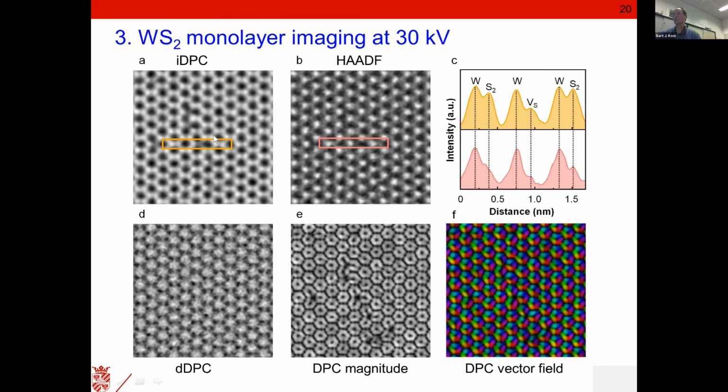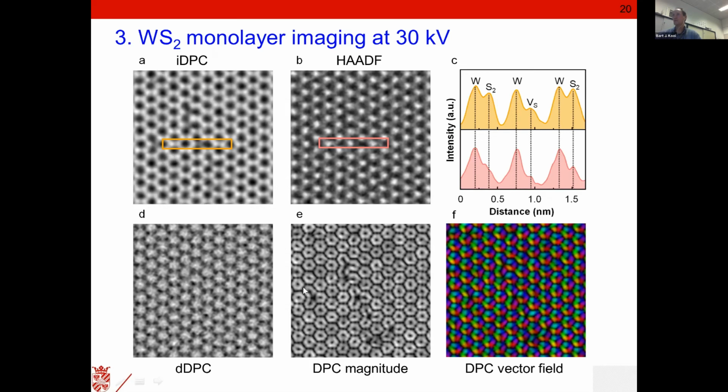You can measure at the low scattering angle on a detector, typically like an annular bright field detector, but segmented, and you can simultaneously measure the electrons scattered to high angle. Here, the two sulfurs have almost similar intensity as the tungsten, so sometimes it can be confusing if you only measure IDPC. You're not 100% sure where the paired sulfur atoms are and where the single tungsten atom in the monolayer is.